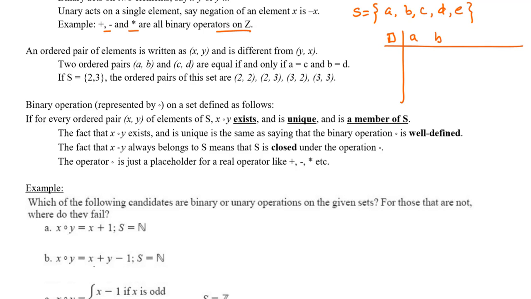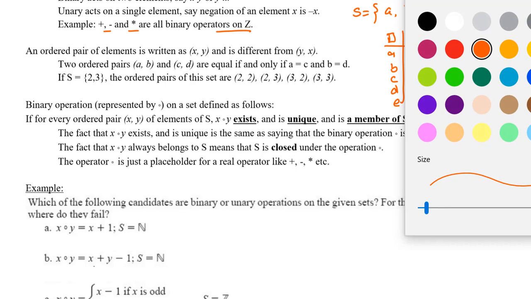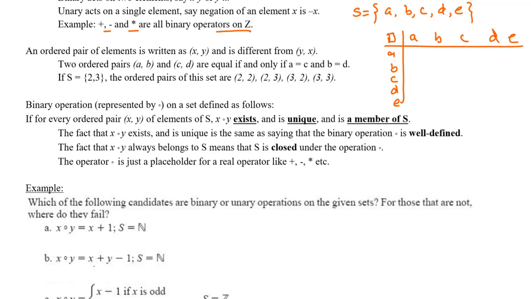So A, B, C, D, E along the top and A, B, C, D, E along the side. For example, in my entry, I decided that A square A will give me A, and B, and C, and D. I'm making up stuff here. But this one, maybe it will be all B and C and then E and D and so on.